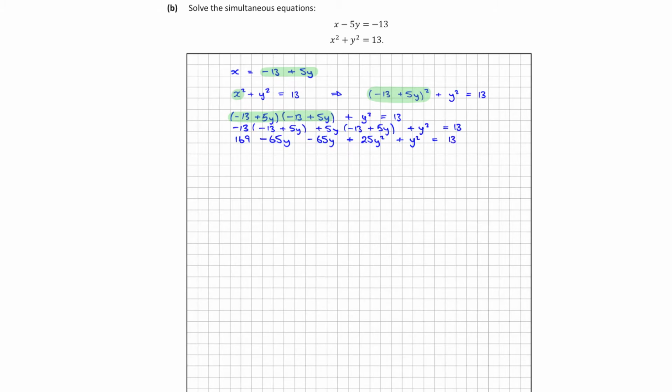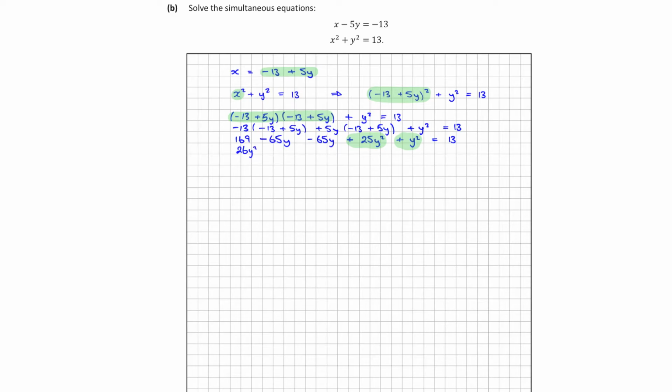equals 13. Okay, so now you can see we're almost ready to start tidying things up. What I'm going to do is collect all the like terms. So we collect all the y squareds first. I put them together, so 25y squared plus 1y squared will be the first part. So that will be 26y squared.